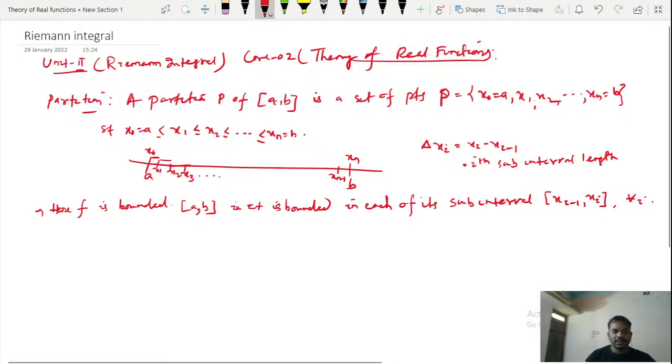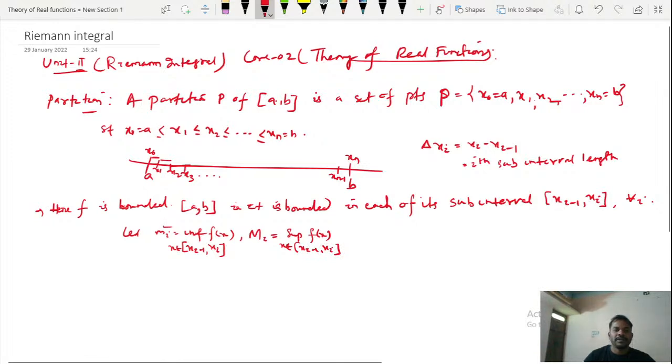So since it is bounded, we can take the infimum of f and the supremum of f. So let small mi be the infimum of f in the closed interval [x(i-1), xi]. Similarly, capital Mi is the supremum of f(x) where x belongs to the ith interval [x(i-1), xi].